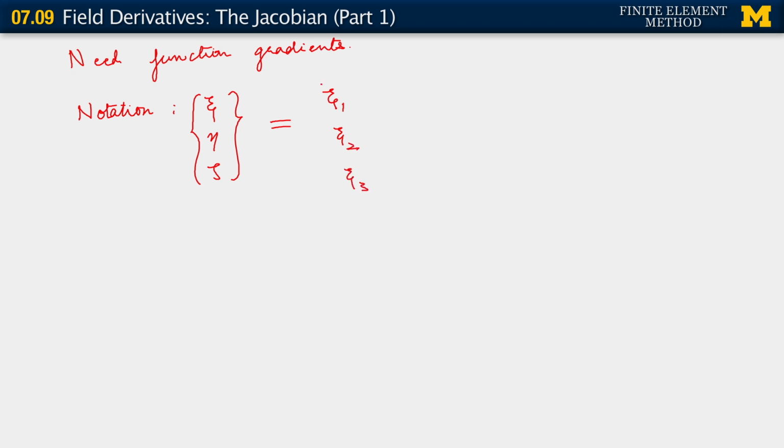This is exactly the way in which we are writing our physical coordinates as well, just as we say x, the physical position of a point, is x1, x2, x3 in terms of its physical coordinates. This is going to save us some space and give us a briefer notation as we get further into the development of the weak form.